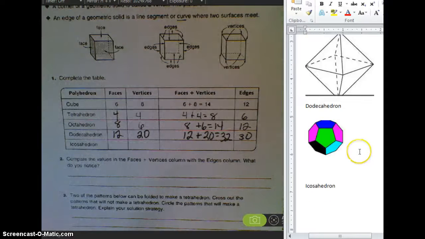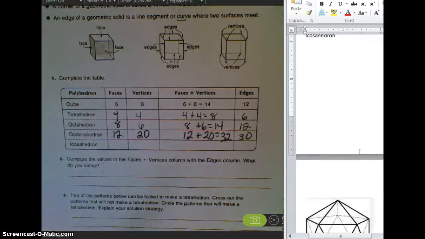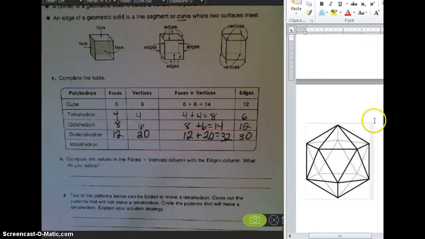And then our last one, moved on down here, isosahedron. Yikes. And that one, we need to count how many faces there are. I'm counting 1, 2, 3, 4, 5.